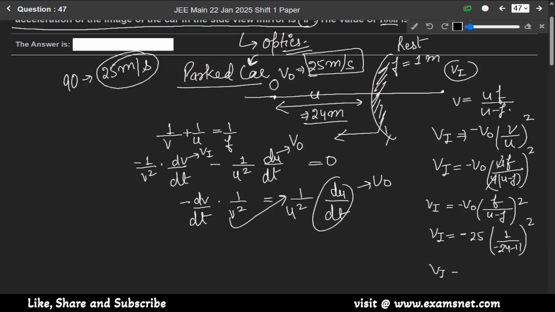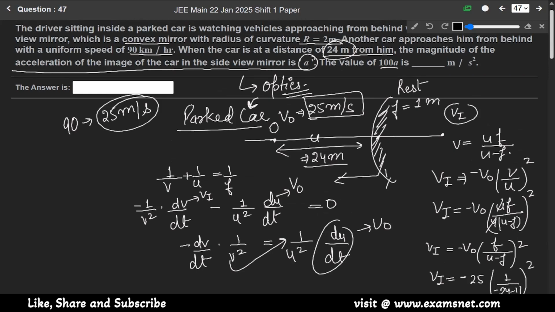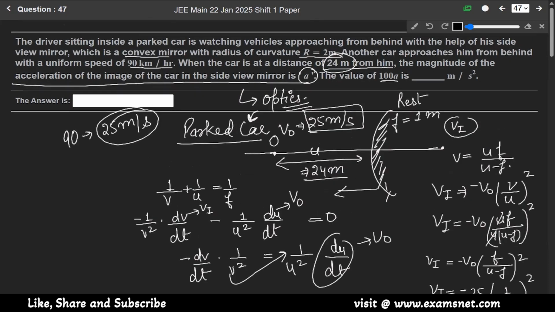So Vi will be equal to minus 25 into 1 over (minus 25) whole square, means 25 cancels out. So Vi is equal to minus 1 over 25 meter per second, means the image is moving in this direction, Vi.